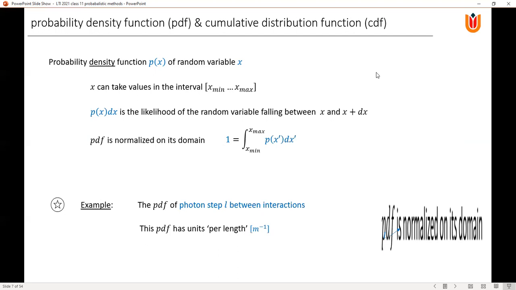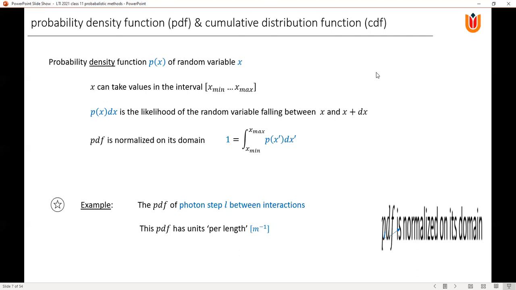So one of the examples, there should be an equation here. One example would be the step size of photons between interactions. That could fall within the range from 0 to infinity. That is the step size it could take.